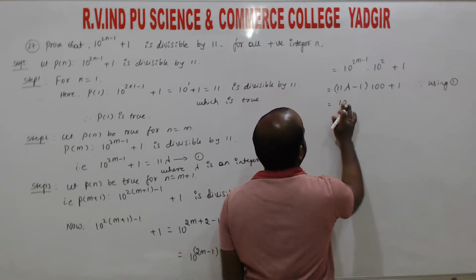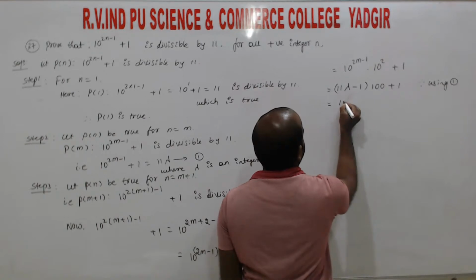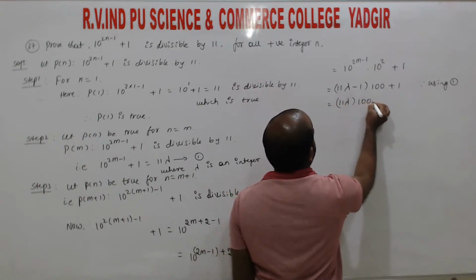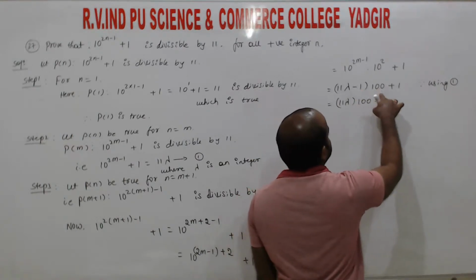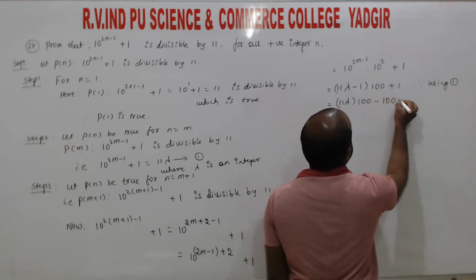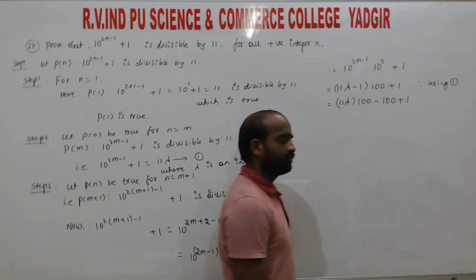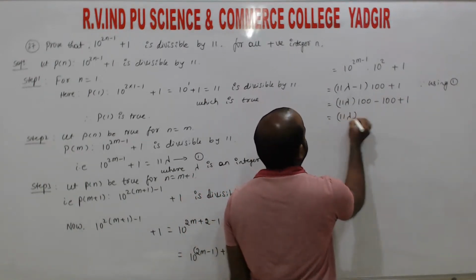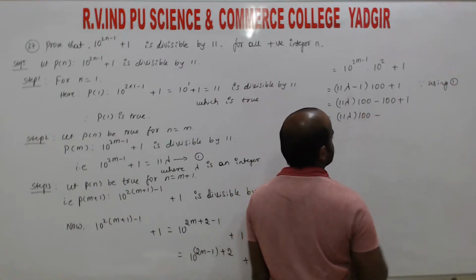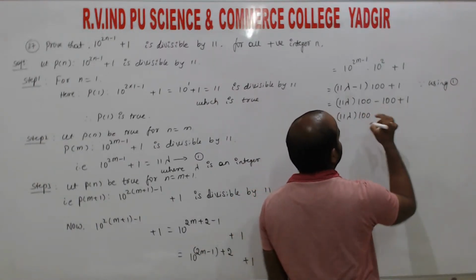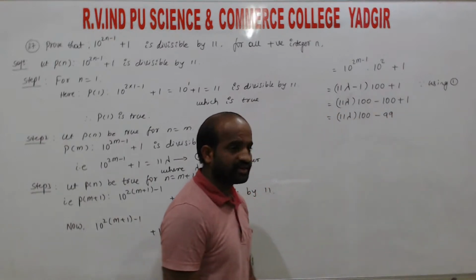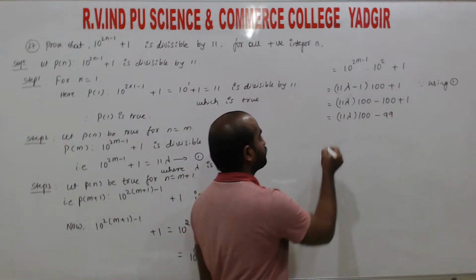Next, 11 lambda into 100, minus 1 into 100, minus 100, plus 1 as it is. That is 11 lambda into 100, minus 99, since 1 minus 100 is minus 99.